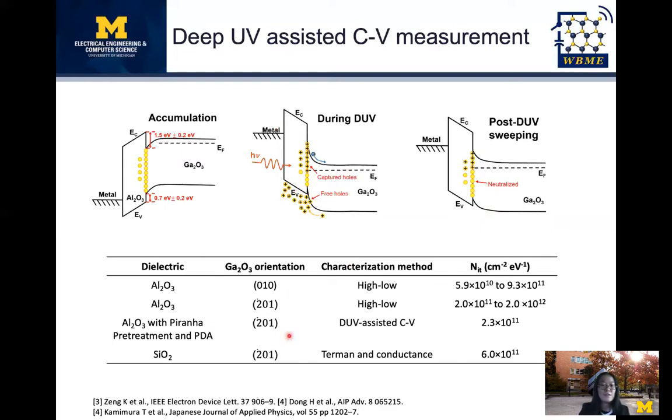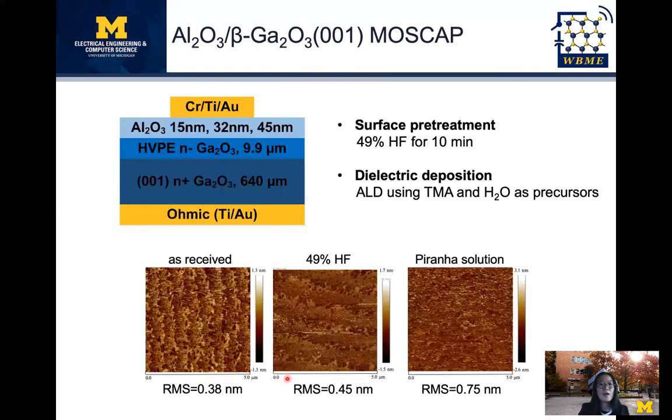However, there is no information on bulk traps and no information on the MOSCAP in 001 gallium oxide orientation, despite some of the most successful gallium oxide-based power devices being fabricated in this orientation. So our work will be focusing on the 001 orientation.